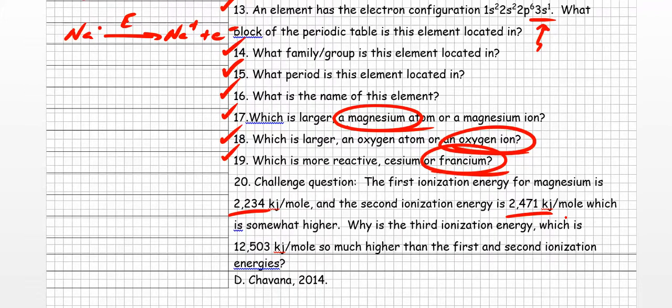In fact, it's going to require almost 10 times more energy, 12,503 kilojoules per mole. So that's our challenge question. If you try to extract electrons from any inner main energy level, you better have a lot of energy to do it with, because it's not going to want that to happen.